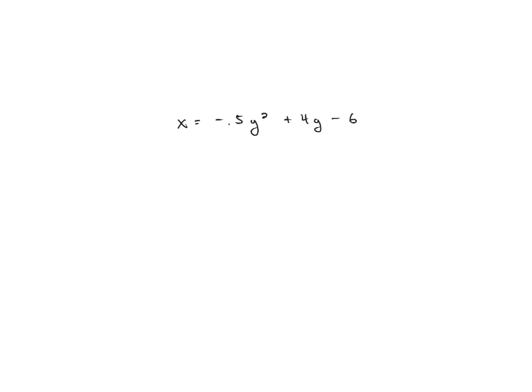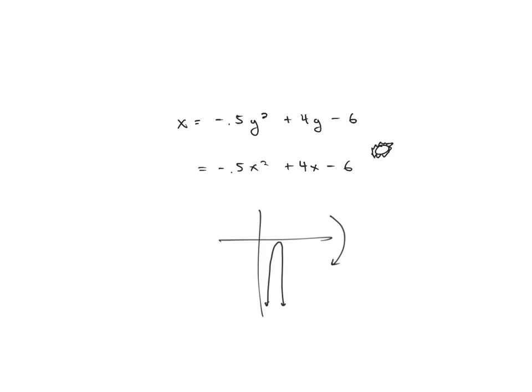You could go to Desmos and put this in as negative 0.5 x squared plus 4x minus 6, and then just look at the graph rotated, because this would have given you a parabola that looked like this, and then you could just rotate it by looking at it and try to come up with some of your values. And you could also go to the settings on the Desmos and ask for a table.